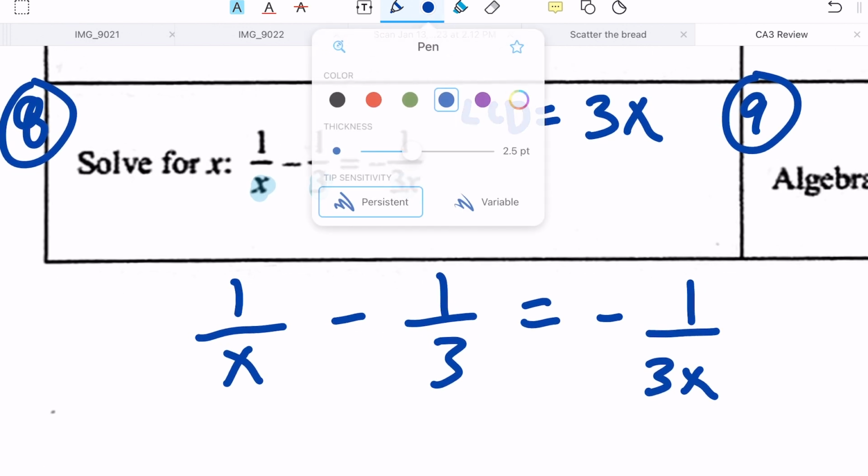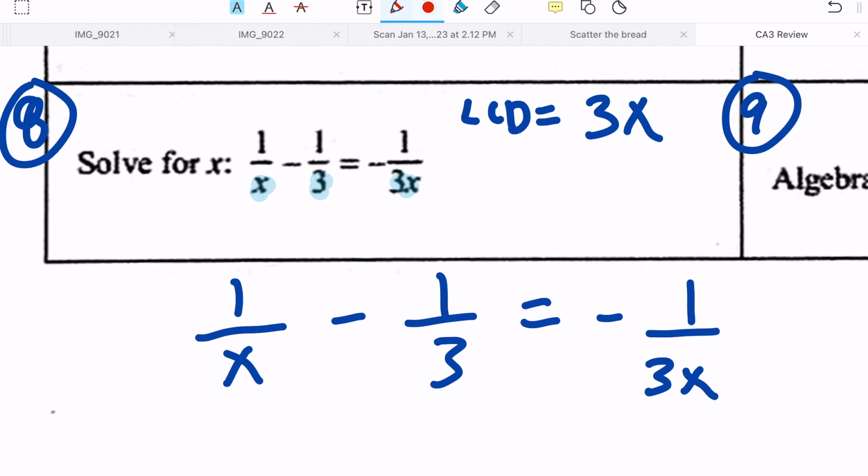So we have to multiply what's missing. We see that the x on the bottom, right? What's missing on the left? 3. Okay.